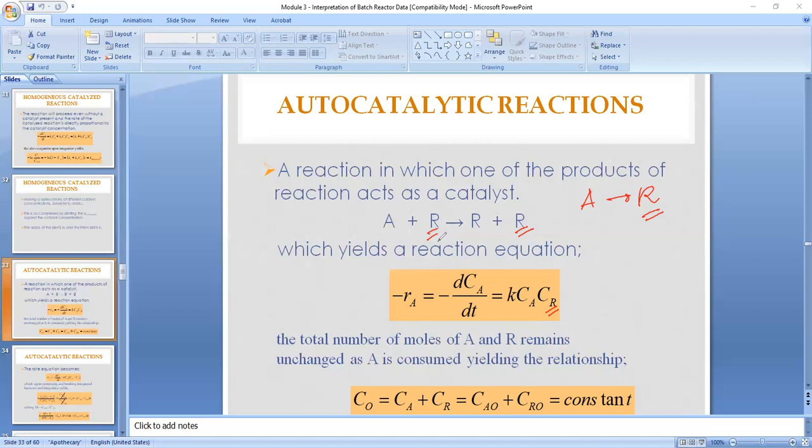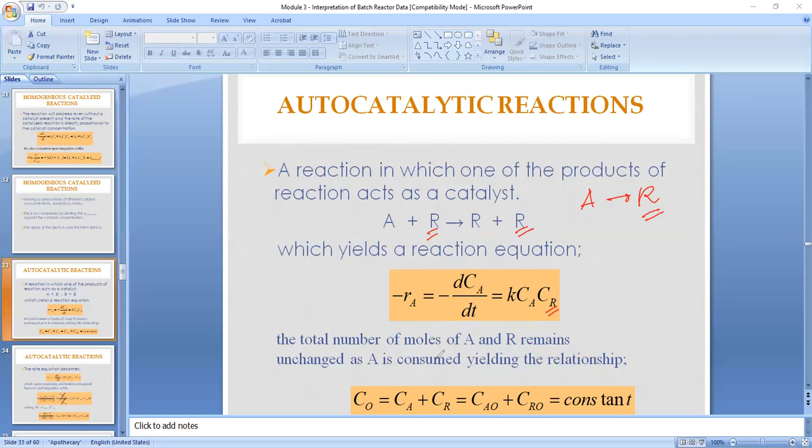So you have now k, C sub A, C sub R, if you express your reaction in terms of reactant A. Now, for this particular reaction, as long as stoichiometrically this is how it's written, the total amount of moles at any particular time should be a constant.